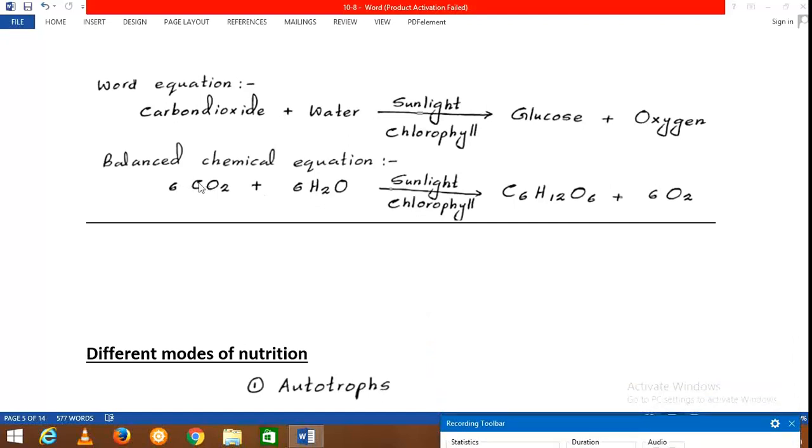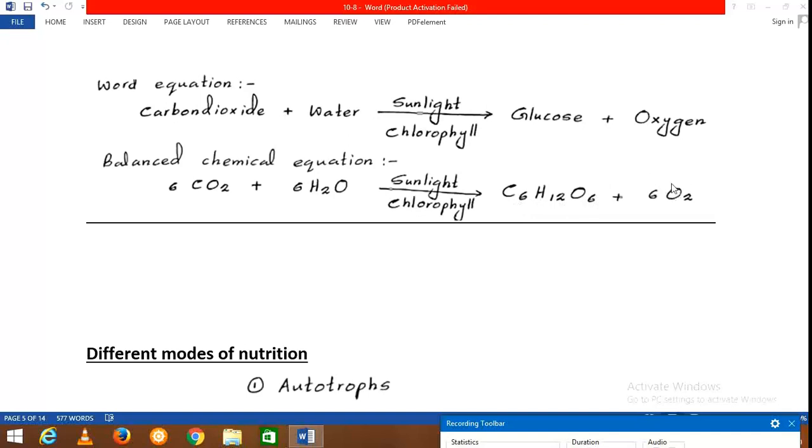Here 6 carbon dioxide molecules which are in gaseous state, 6 water molecules which are in liquid state, in the presence of light energy and chlorophyll, will produce glucose. This is the chemical formula of glucose, C6H12O6, and it is in the solid state.